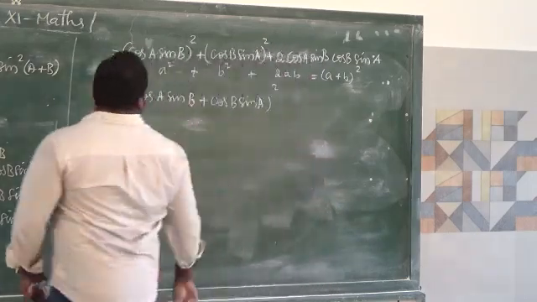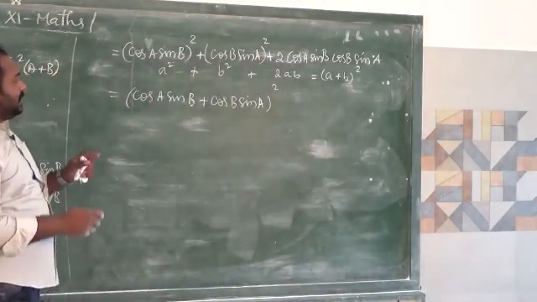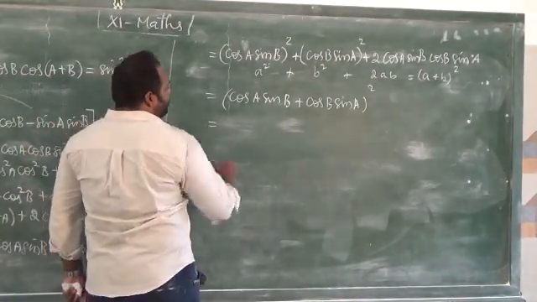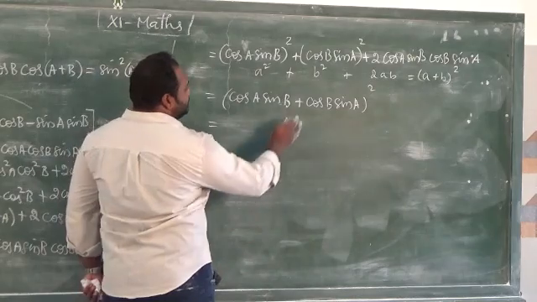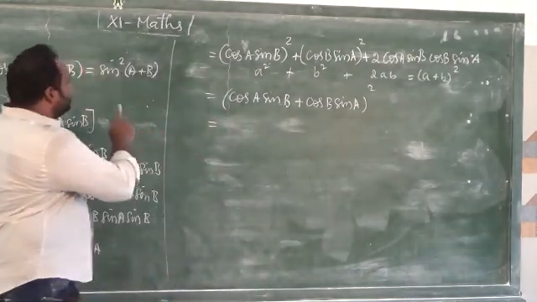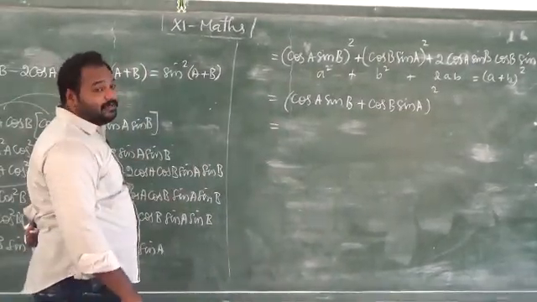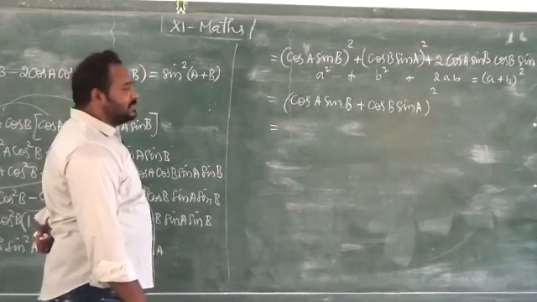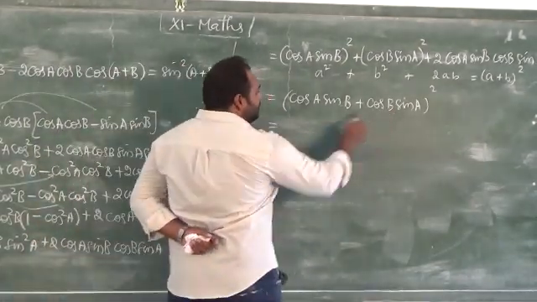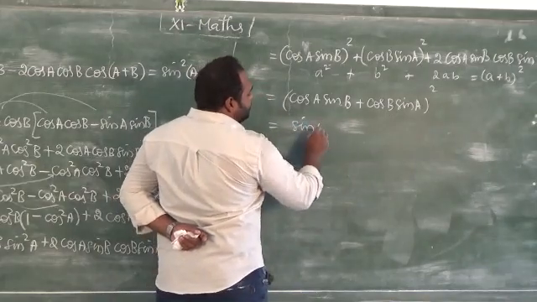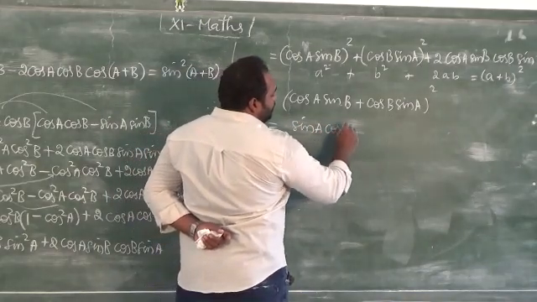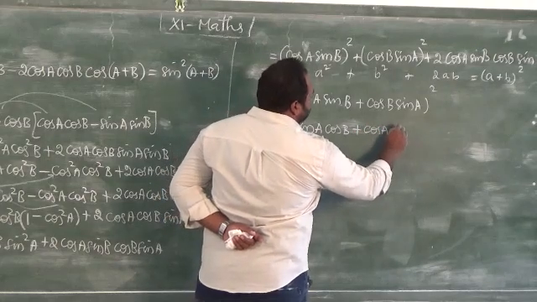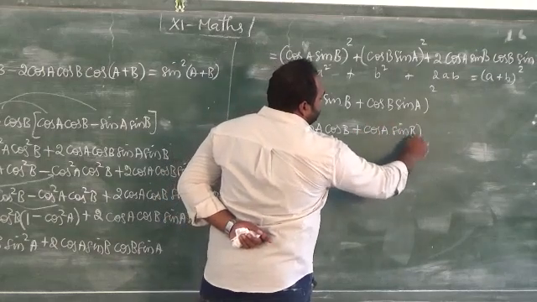So according to the formula, I have rearranged the problem. Here we have to bring in the sin(A+B) formula. The sin(A+B) formula is sin A cos B + cos A sin B. So sin A cos B is here; rearrange the terms: cos B sin A plus cos A sin B whole square.